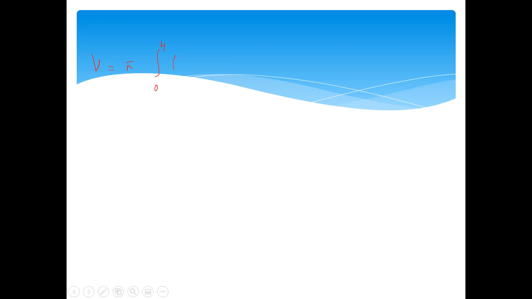At this point, we have the function that we have: y raised to the power of 1/2, squared, minus y over 2, squared, dy.